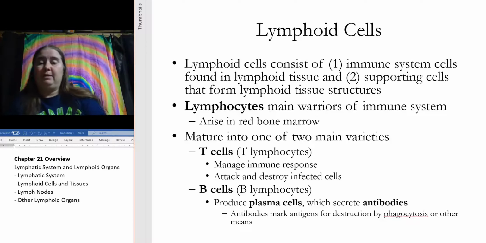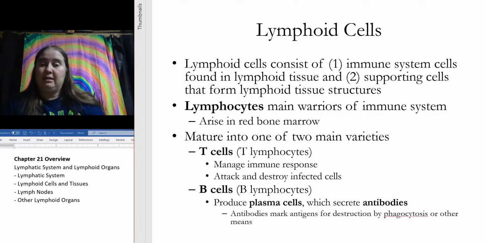So we have our lymphocytes, which we talked about in chapter 17, which are our main warriors of the immune system. Again, they all come from our red bone marrow through that process of hematopoiesis. When we look at our lymphocytes, we actually get two cell populations: our T cells, also known as T lymphocytes, and our B lymphocytes.